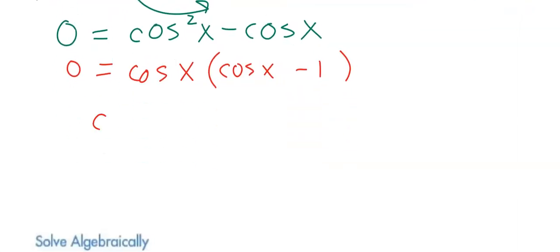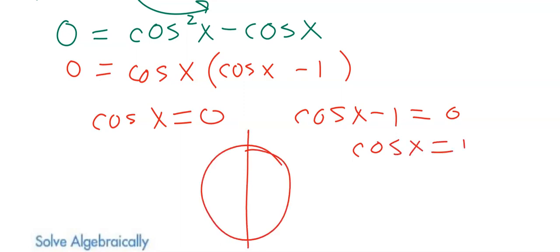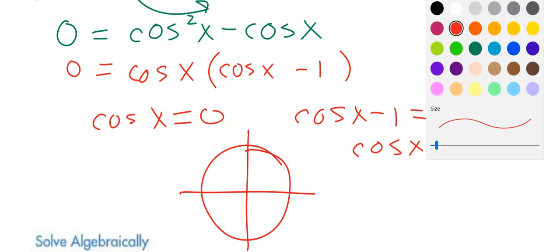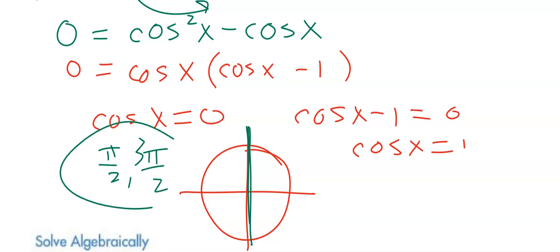Several of you writing cosine x equals 0 and cosine x minus 1 equals 0, which would create cosine x to be 1. And you went to your circle and you said, hey, I know that cosine x equals 0 happens there and there, which would be pi over 2 and 3 pi over 2. So those are 2 of the answers. Cosine x equals 1, that happens out here at the edge of the circle, which means we're dealing with what? 0.